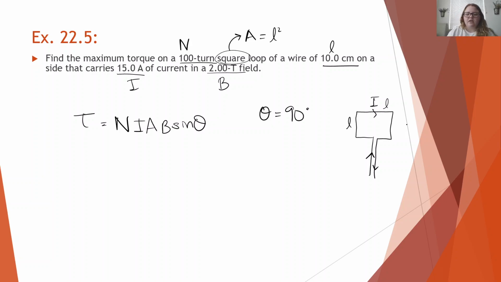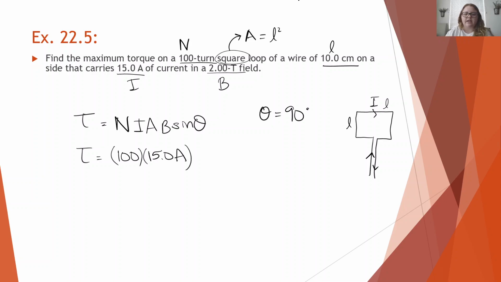Okay, so let's go ahead and plug these values in. We know N is equal to 100. And note that N does not have a unit because we are just counting the number of turns. So we can just say it's 100. Current is 15 amps.